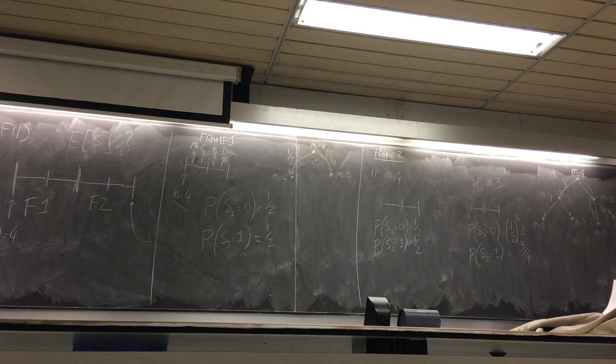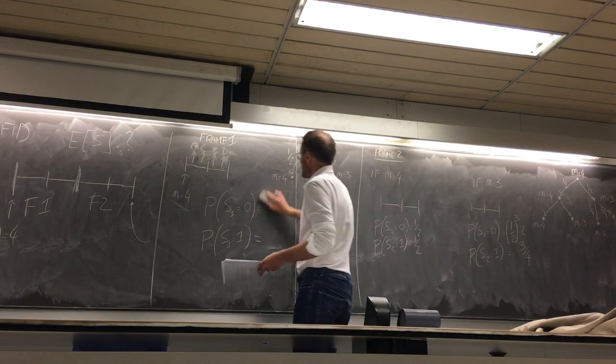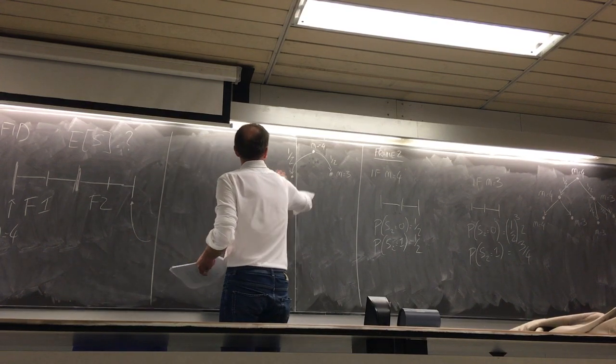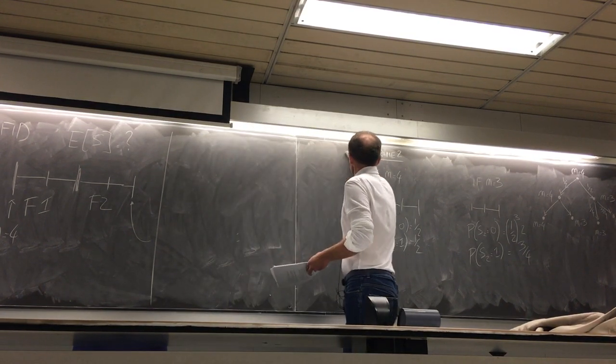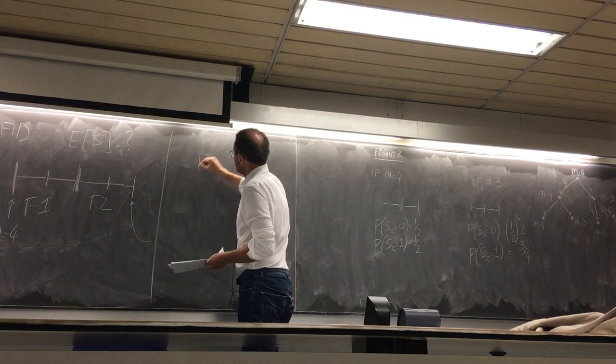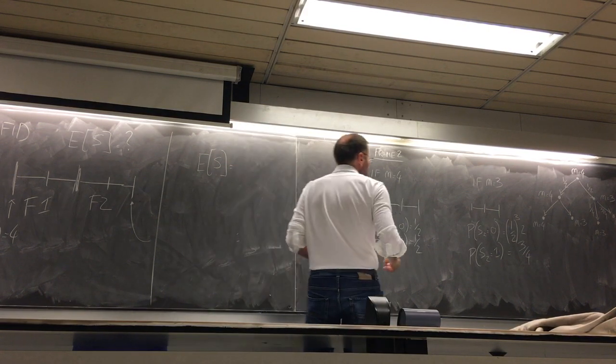Very well. So what's the throughput? For the throughput, I have to weight all the possible outcomes by their probabilities. So let's do it here. The throughput S is equal to 1.